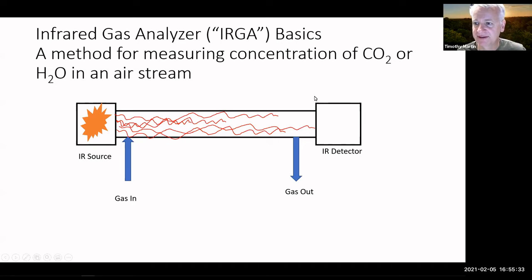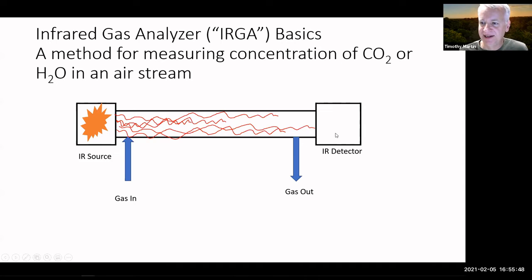So the strength of the infrared detection at the detector is related to the amount of CO2 in the gas in the tube in between the source and the detector.